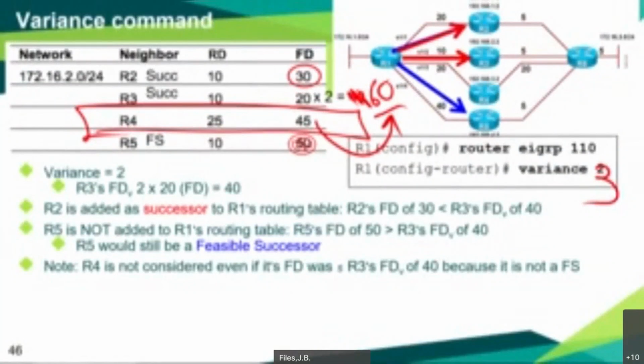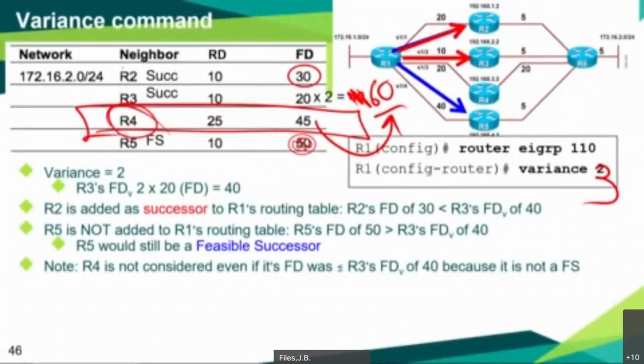So even though the variance of 3 would allow us to load balance with R4, we won't because R4 does not satisfy the feasibility condition. R1 thinks R4 is a potential loop, so it will never use R4 unless our primary route goes down and it has to recalculate everything.